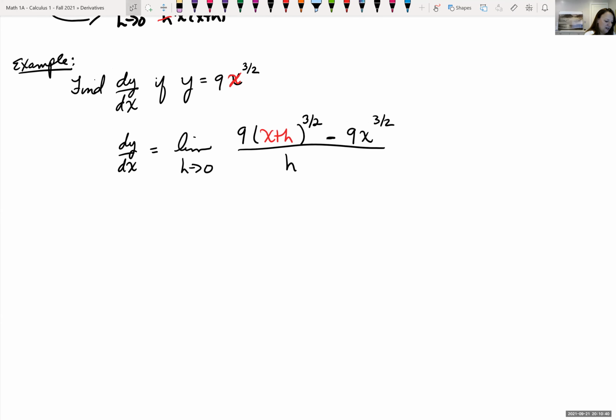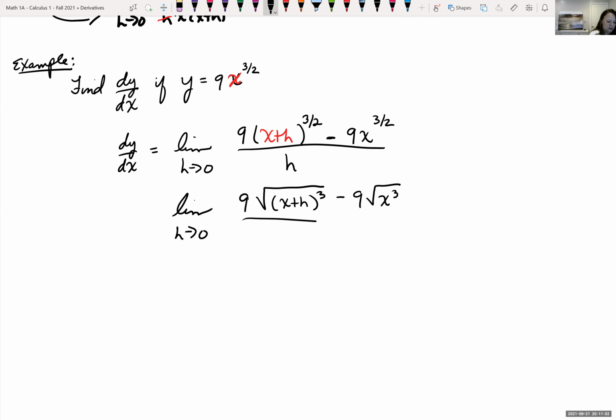And so this right here is the same thing as the limit as h goes to 0 of 9, the 3/2 power, the 2 in the denominator is telling me I'm taking the square root of x plus h quantity cubed minus 9 times the square root of x quantity cubed, all over h.